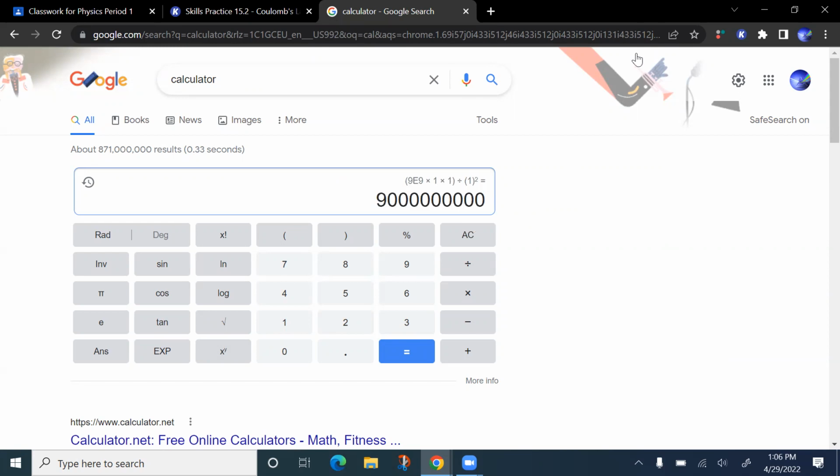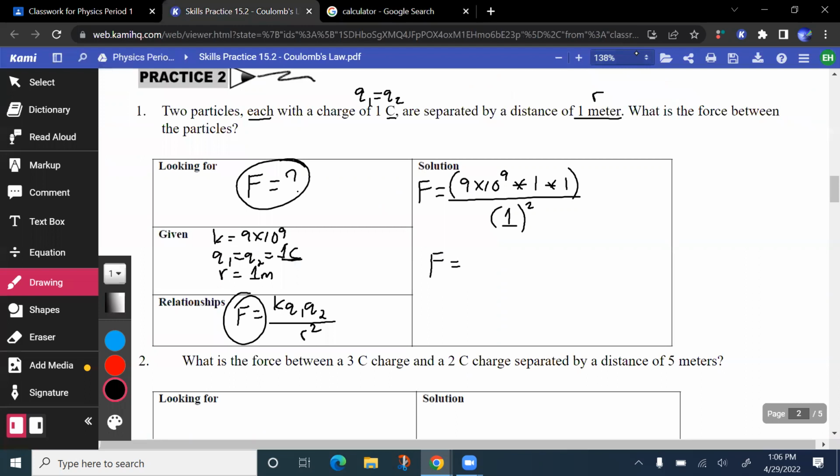Now, if you move the decimal from the far right to after the 9, you can see that it would be 9 times 10 to the 9 newtons for number 1.